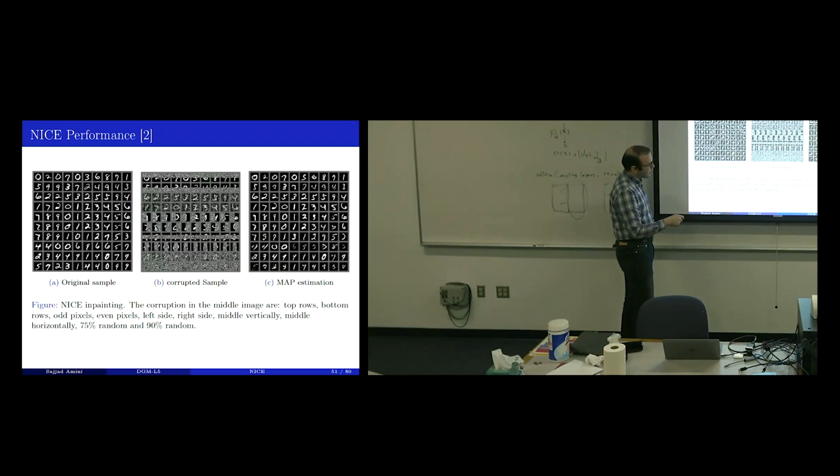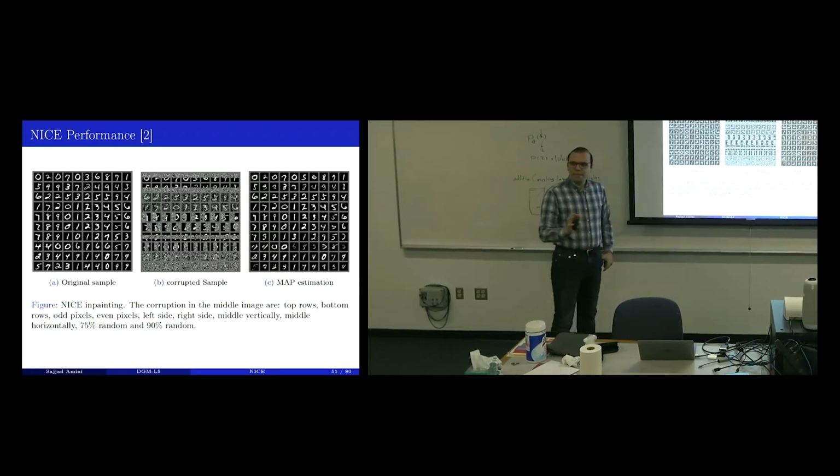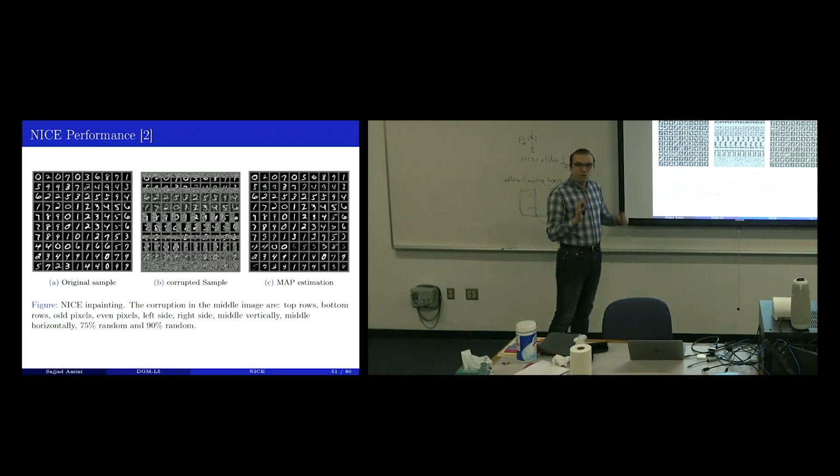The last two rows are 75% random and 90% random corruption. It means that 90% of the pixels in the last row are corrupted. Just 10% are observed, and those observed are given to you. You know which pixels are valid and observed. Any question?